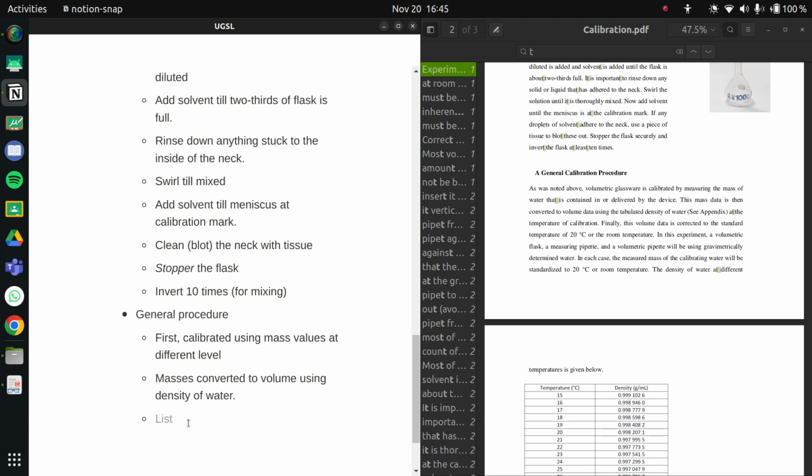Data converted to standard temperature 20 degrees Celsius. So conversion from temperature of experiment to 20 degrees Celsius or room temperature.